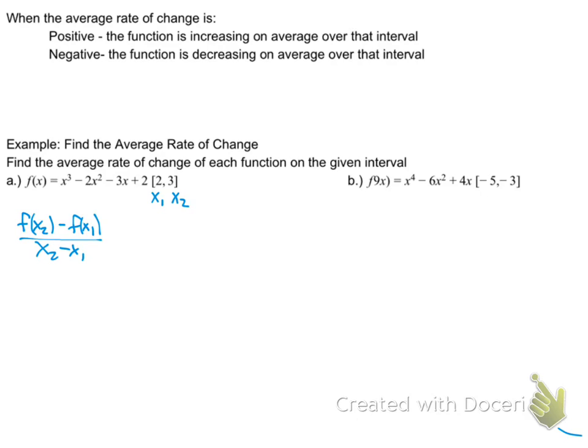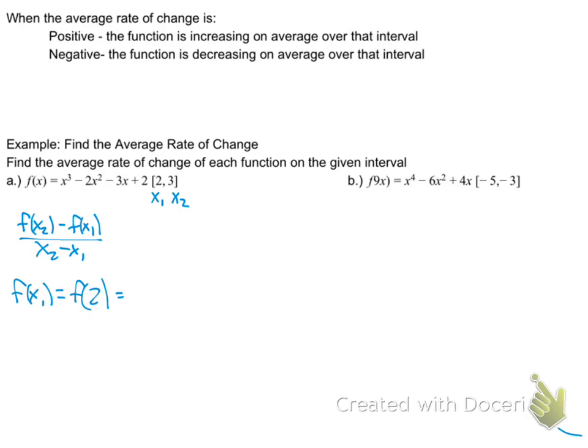What does it mean to be f of x1? f of x1 is f of, wait, what was x1? 2. What does it mean to be f of 2? It means to evaluate the function at 2.